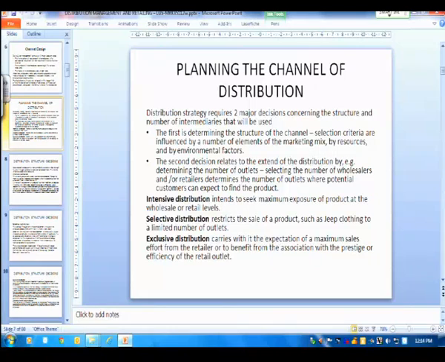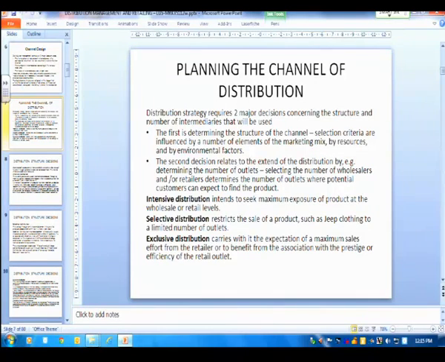Planning the channel of distribution. We are saying that distribution strategy requires two major decisions containing the structure and number of intermediaries that will be used. The first one is determining the structure of the channel. Selection criteria are influenced by a number of elements of the marketing mix, by resources, and by environmental factors.